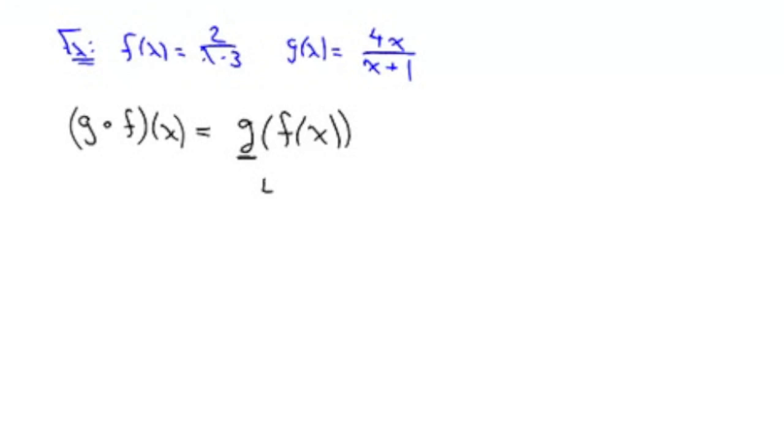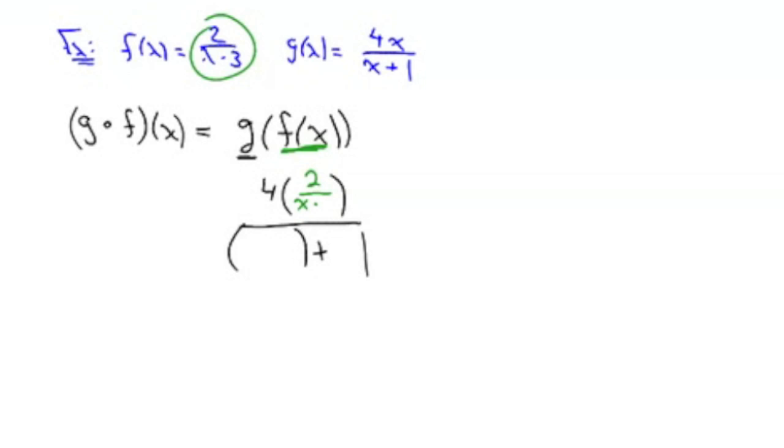So g looks like 4 times something over something plus 1. Replace all those x's with empty sets of parentheses. What goes in the parentheses? F of x, which is 2 over x minus 3.